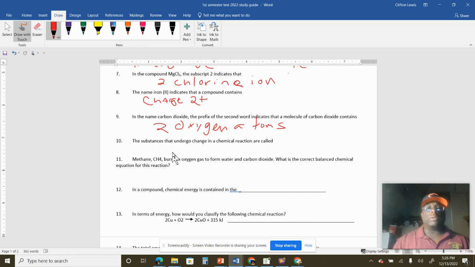The substances that undergo change in the chemical reaction, after it goes from the reactants, it changes into products. Well, let me read it again. The substances that undergo change before it goes on a change, I'll call the reactants. So I'm going to put reactants there.